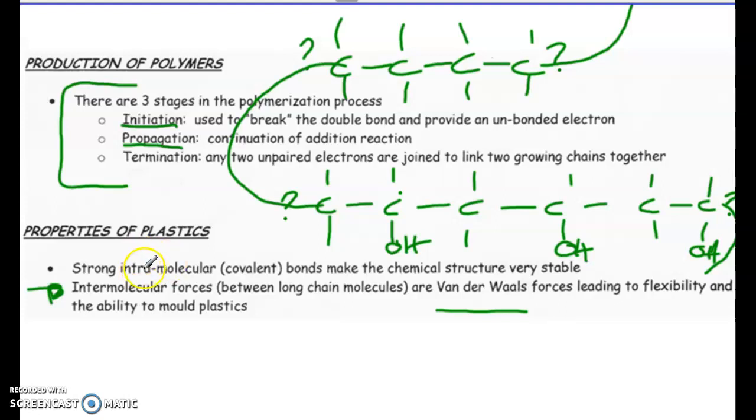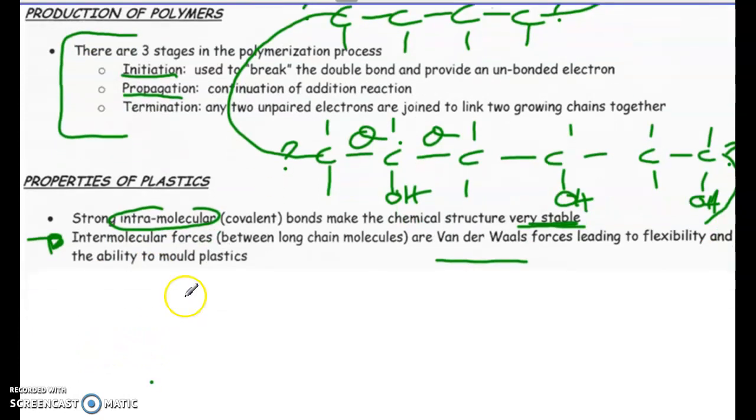Now, in terms of intramolecular forces, all polymers are created with covalent bonds. Remember, especially addition polymers, the base of it is all carbon-carbon single bonds, which we know are sigma bonds. So in terms of the intramolecular forces, it's actually quite stable. Imagine, I'm just going to show you a picture.